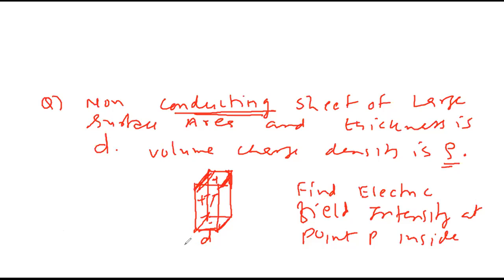Can I clear the diagram? Yes, sir. So I am showing you the diagram of front view, enlarged one to understand the meaning. This is that sheet of thickness D. Charge is inside.